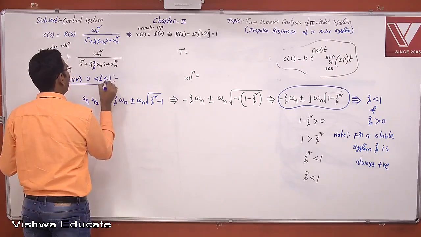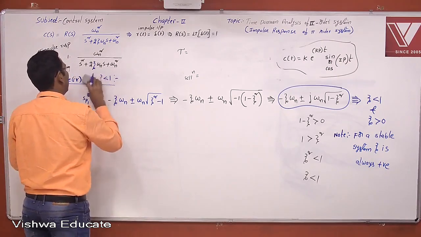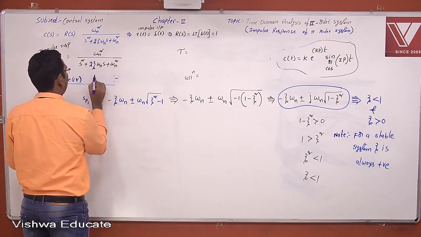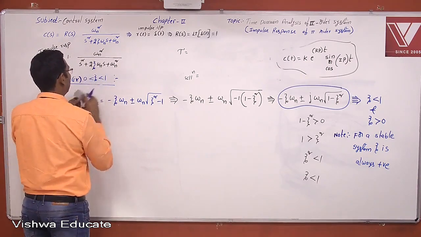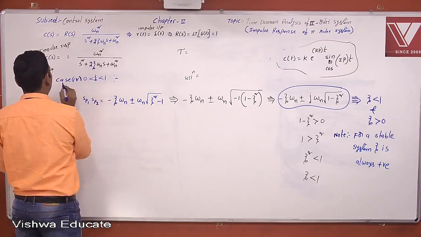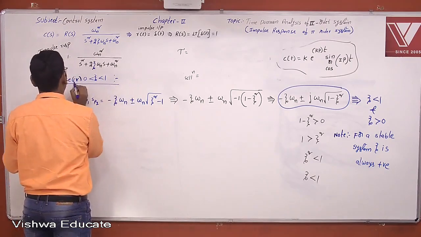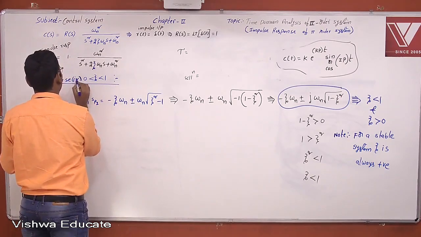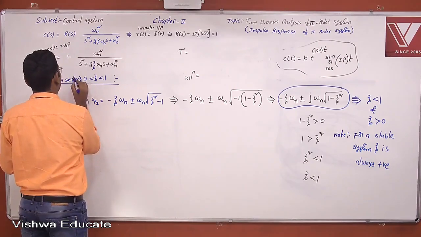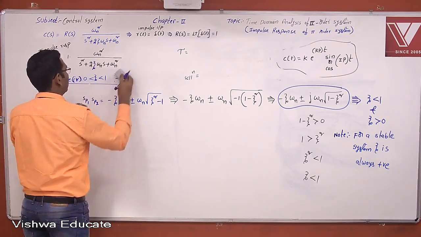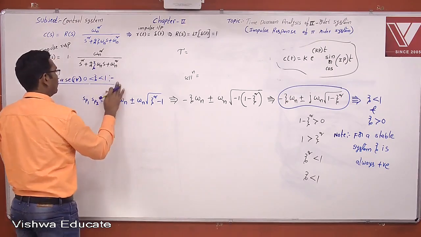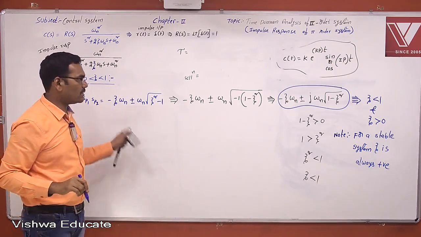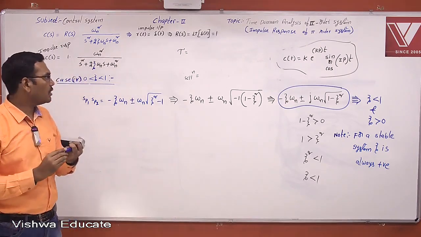Now, we will see what happens when damping factor zeta is less than 1 and greater than 0. First you just take the roots of this, then we'll continue the case 4.